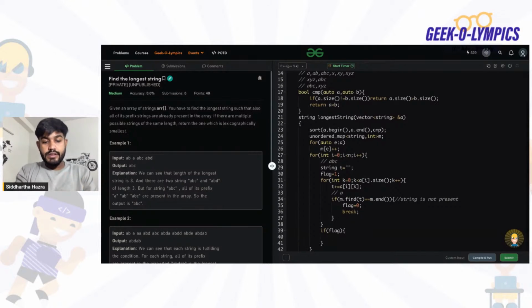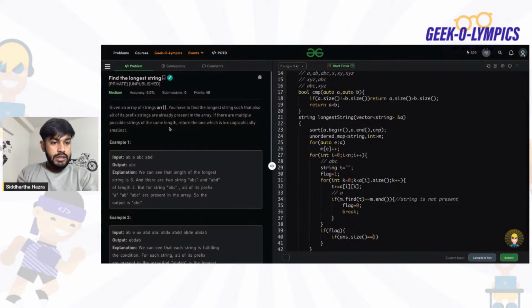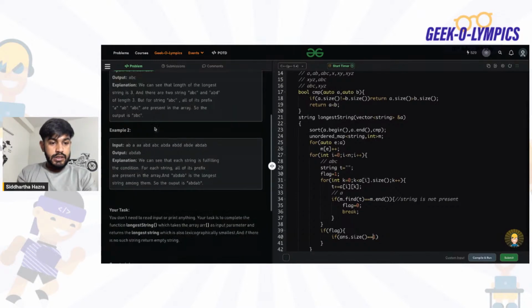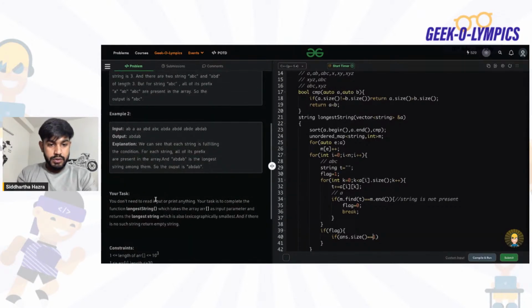Okay, so if answer dot size is equal to 1, अगर answer dot size is equal to 1, so you have to find the strings. Given a string, just let me show you, and if there is no such strings, return lexicographically empty string.